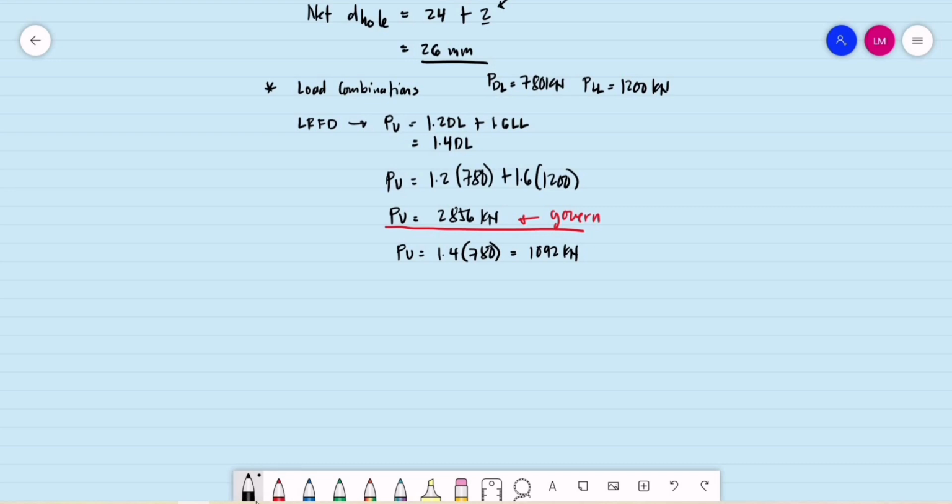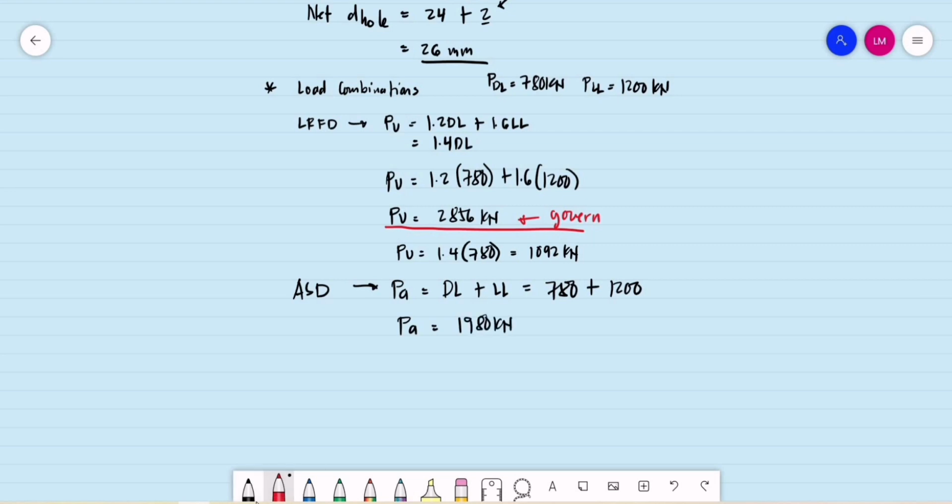Well, for ASD, we have only one load combination. The ASD, that is the allowable load. PA is simply the dead loads plus the live loads. So we will be having 780 kilonewtons plus 1,200 kilonewtons. The allowable load will be equal to 1,980 kilonewtons.